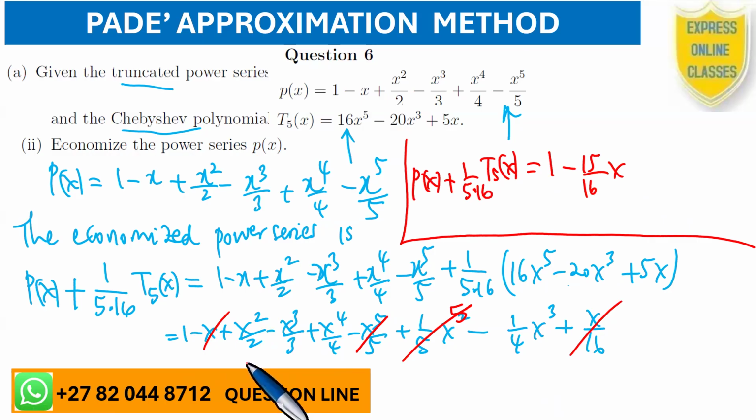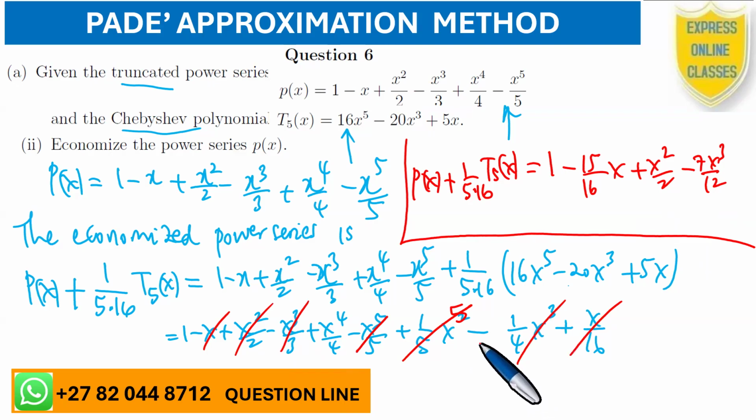X squared out of 2. All right, and so what else? The x cubed. There are two x cubed. So this one, you take the LCD 12. It's going to be minus 3 minus 4, minus 7 x cubed out of 12. And then plus x to the power 4.